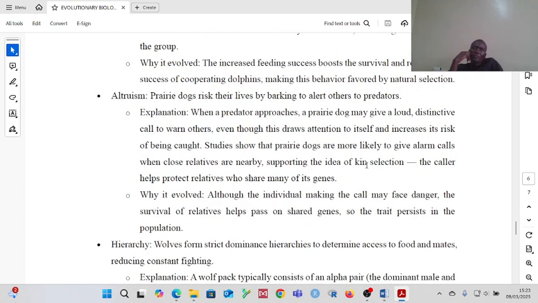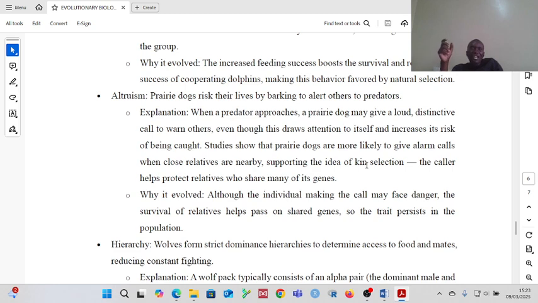With altruism, there is a group of dogs that will risk barking to alert others for the presence of what? Predators. So when a predator approaches, this dog may give a loud, distinctive call to warn others.